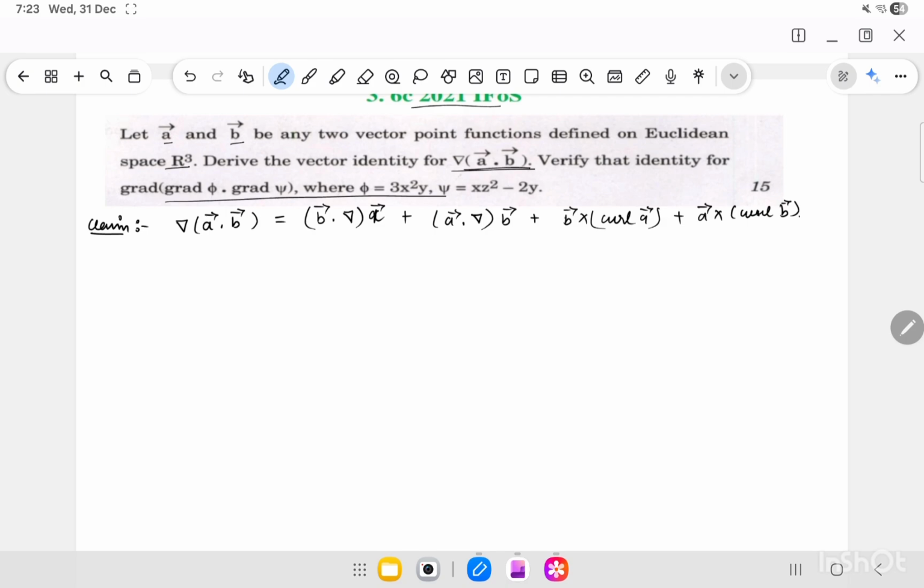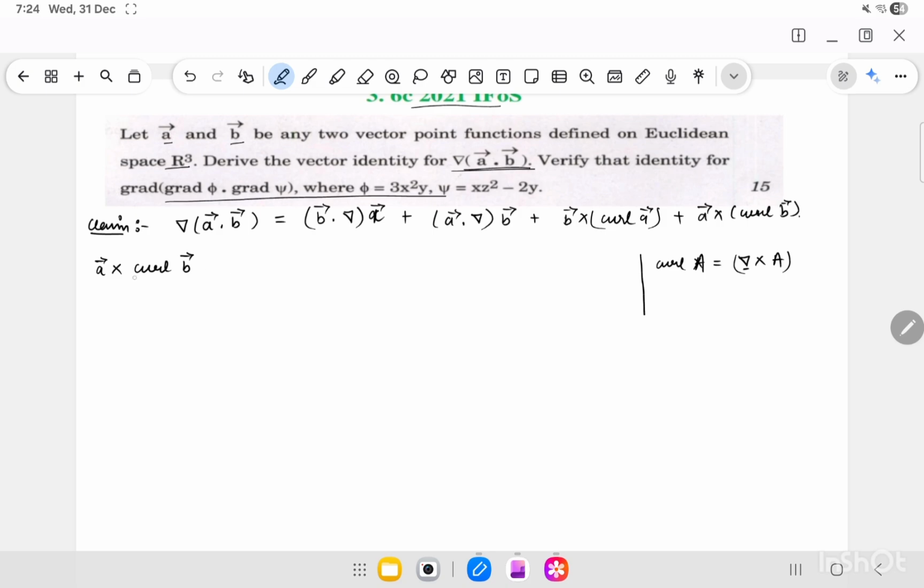So first, what we'll do is evaluate this, that is a vector cross curl b vector. So we know that curl of any vector is basically equal to the cross product of del with that vector.